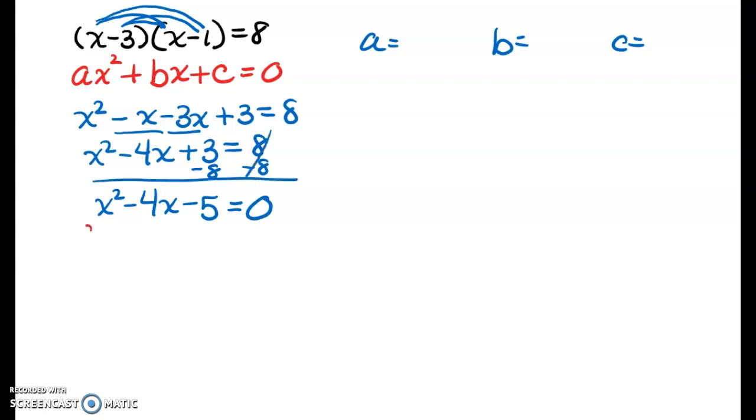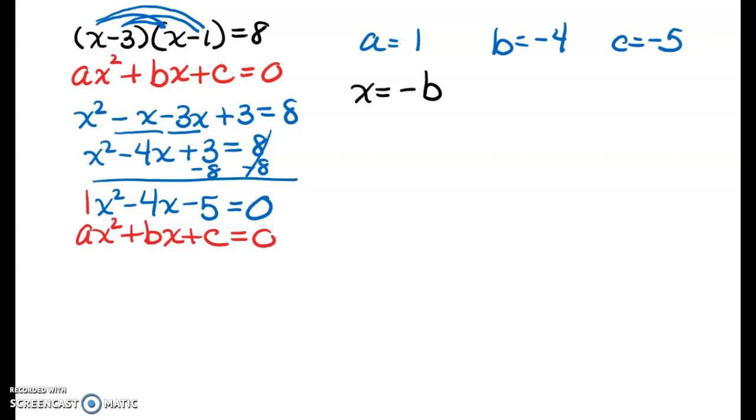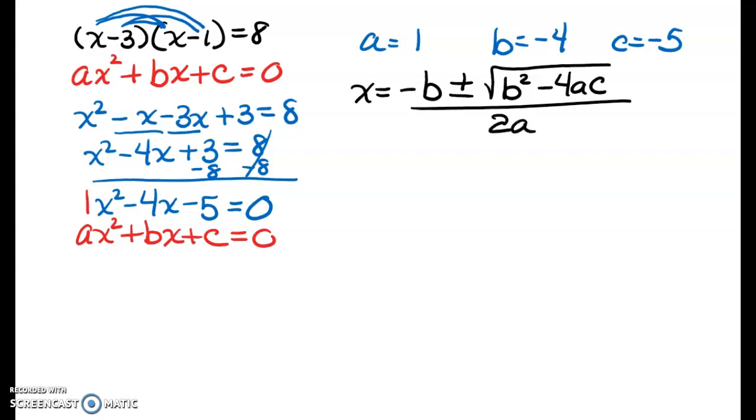So now I can easily find a, b, and c. So a is going to be 1, because when I'm missing a coefficient, it's 1. B is going to be -4, and C is going to be -5. And my quadratic formula is -b plus or minus the square root of b squared minus 4ac all over 2a.